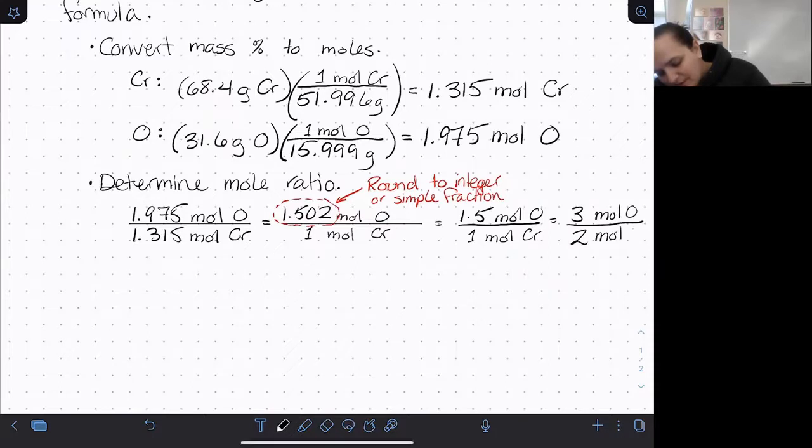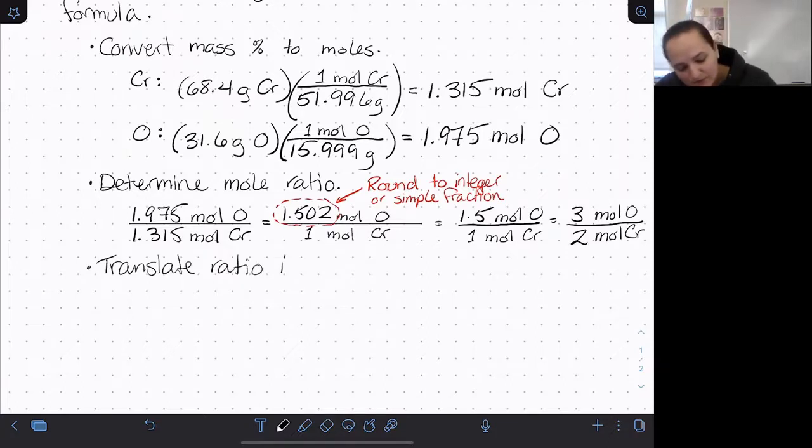So 1.5 times 2 is 3, 1 times 2 is 2, so 1.5 over 1 is the same as 3 over 2. So now we have an integer ratio, and that ratio just needs to get translated into subscripts.